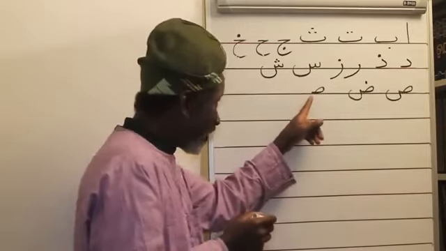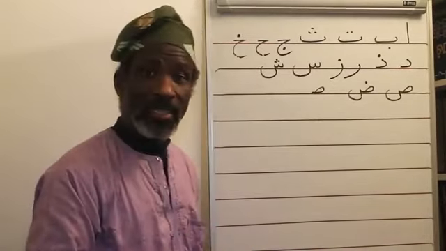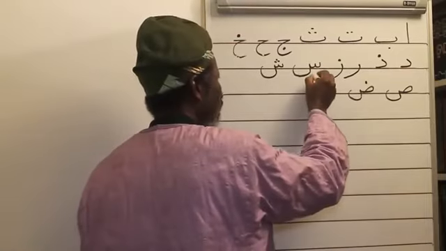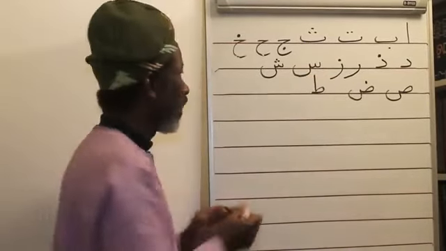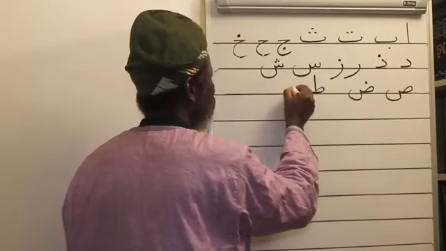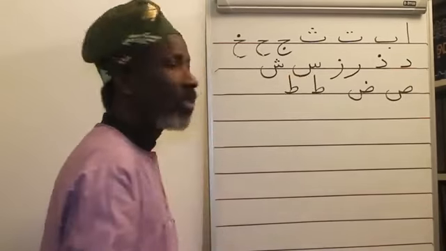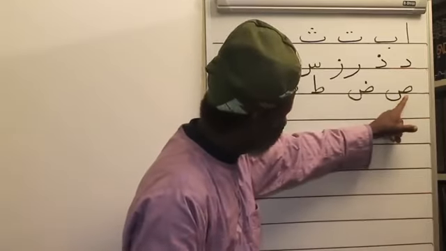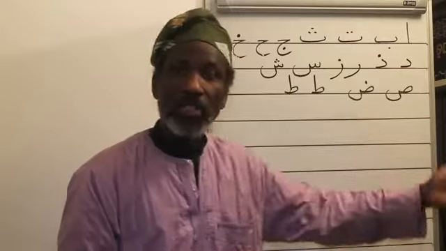But in this family, no tails. Instead, we have a line coming from top down. Next one in the family, the same shape. And then down. You can see the base, the base and the base, they're the same.